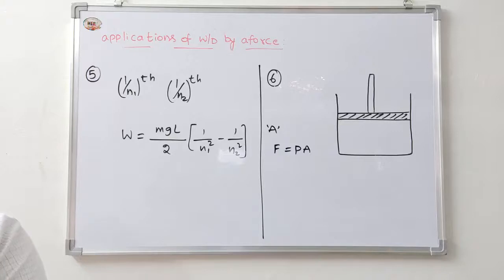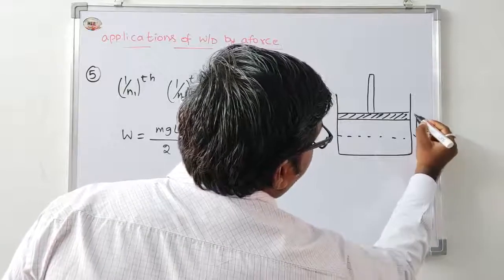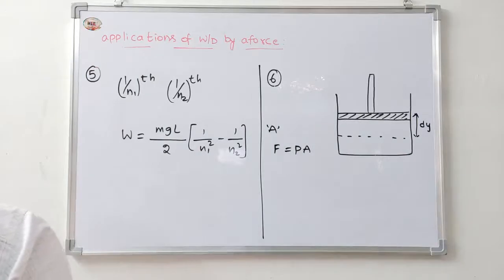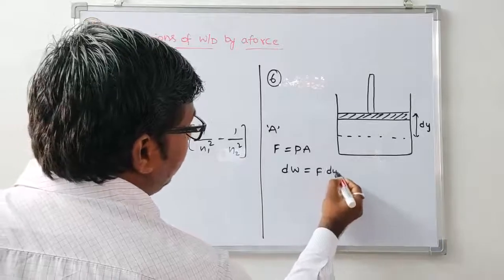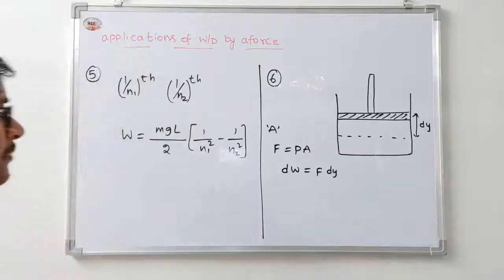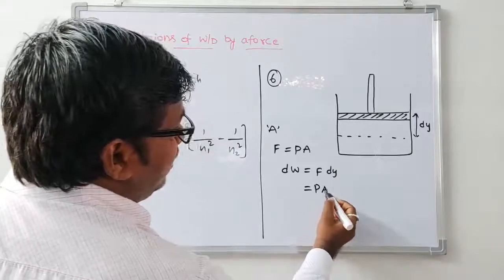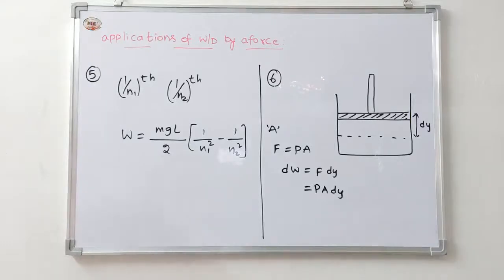The work done by the gas in producing a small displacement dy of the piston: dW is equal to F into dy, the force into displacement. F is equal to PA, pressure into area, into dy, the displacement.